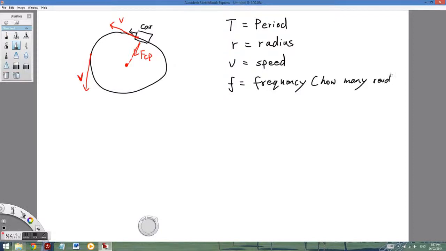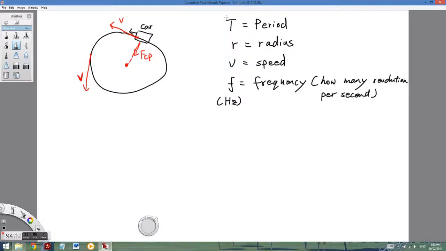If you have a circular motion that goes 10 hertz, frequency is measured in hertz, it means how many revolutions per second. If it's 10 hertz, it means it travels in a circle 10 times every second.